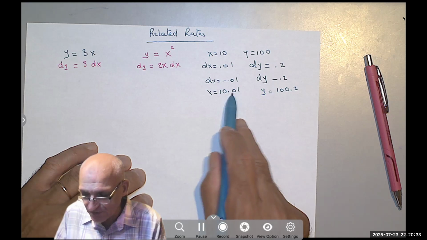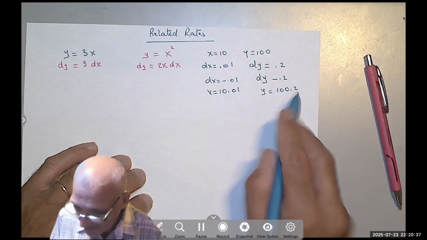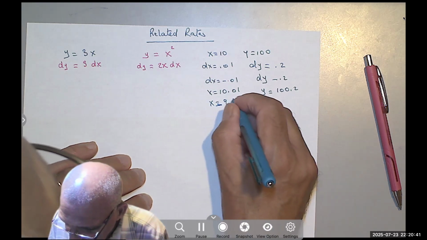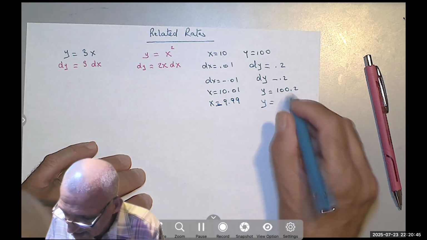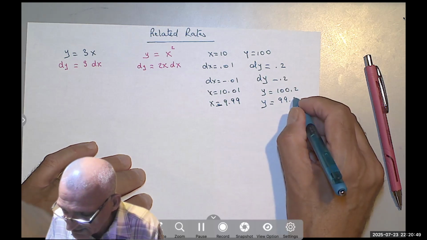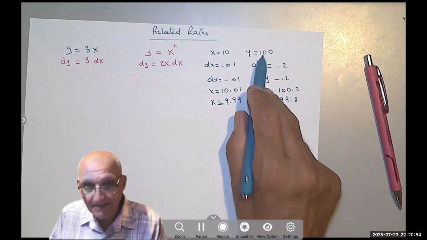This increased by 0.01, so that increases by 0.2. And if x becomes 9.99, I expect y to be 99.8. It decreases by 0.2.